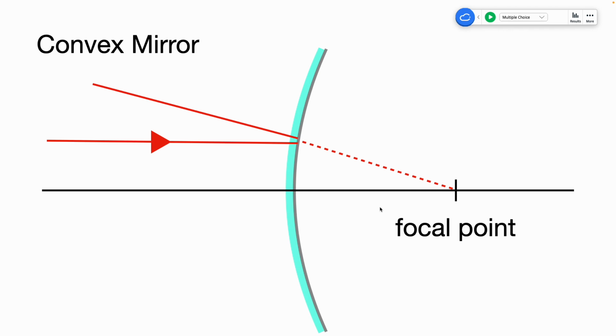We do have a convex mirror over here. What happened here? Okay, so here's another convex mirror.